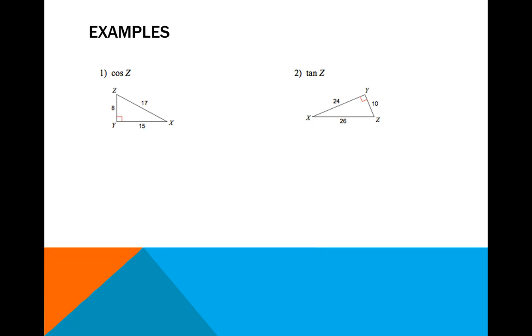So here are some examples. In this first triangle, we want to find the cosine of angle Z. So cosine is adjacent over hypotenuse. Adjacent means next to. Now there are two sides that are next to angle Z, but one of them is the hypotenuse. So you want the one that's touching the angle that's not the hypotenuse.